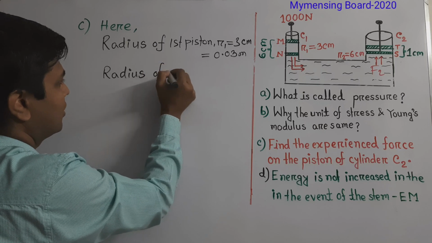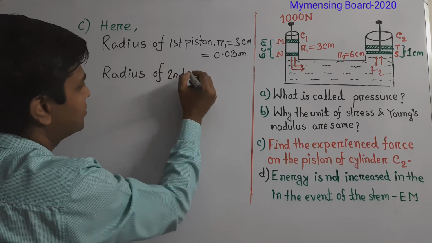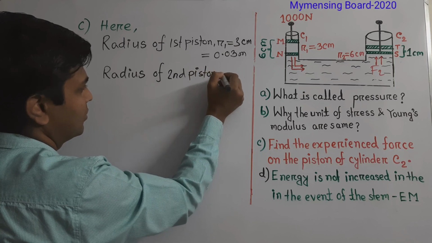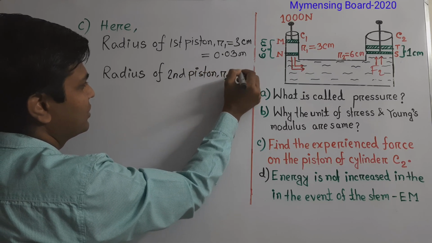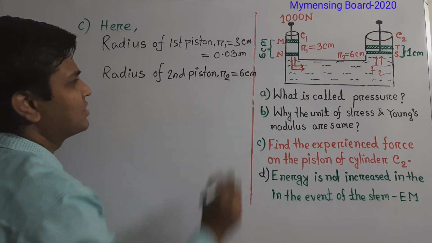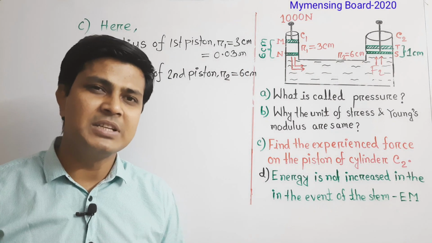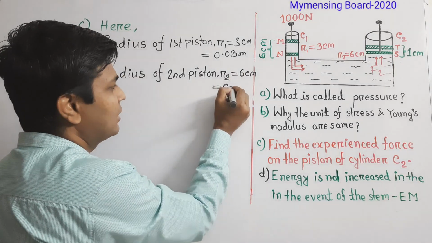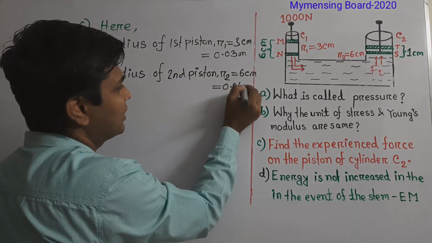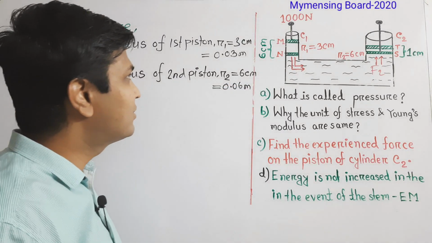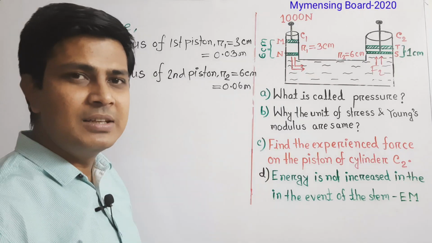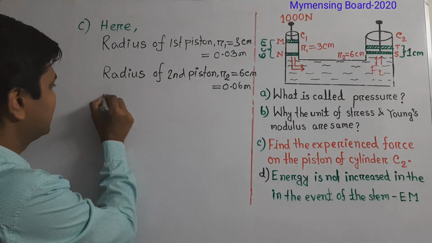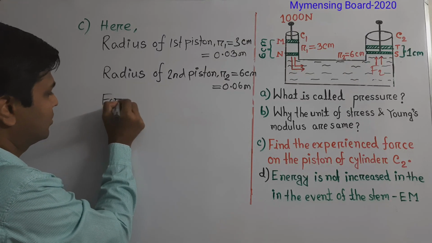The radius of the second piston is R2, and the value given here is 6 centimeter. We have to convert centimeter to meter, so we divide by 100 and the answer will be 0.06 meter. Here you can see a force is given. This is the force acting on the first piston.